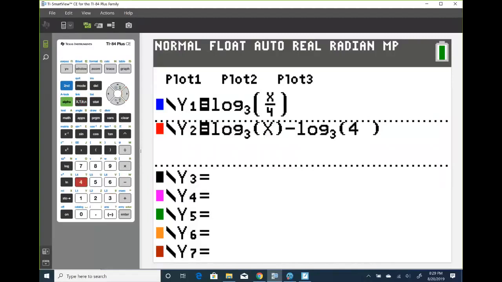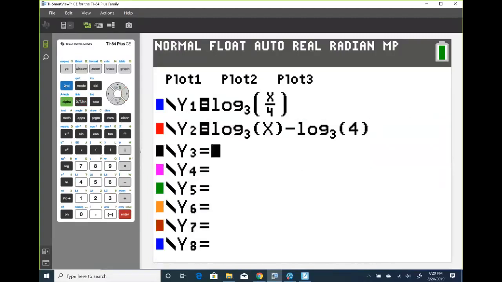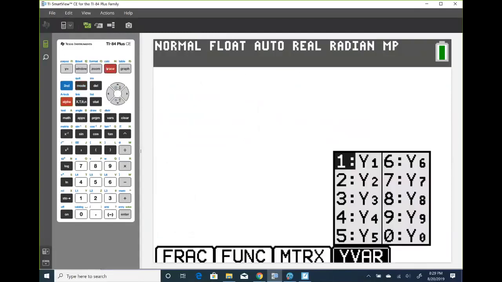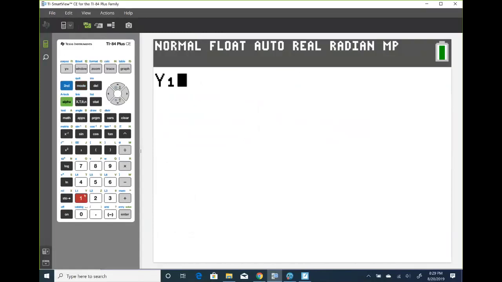Okay, so one of the ways that we can look at this, and again, I've typed these in here so I can type them quickly, is I'm going to go to a calculator screen, get off the y equals, and have the calculator test this for me. So I'm going to hit alpha trace to get all the functions to come up here, and I have my y1, and I want to know, is this equal to?